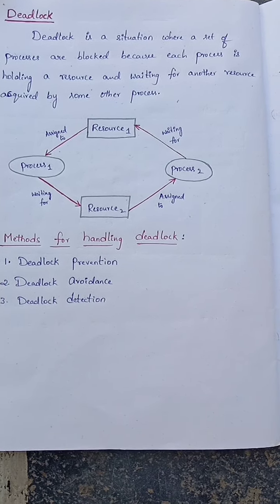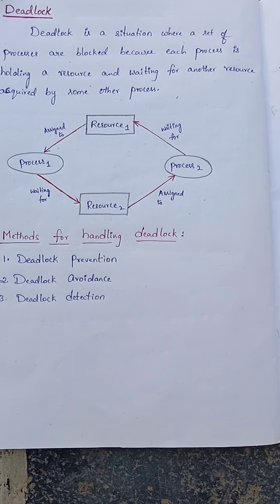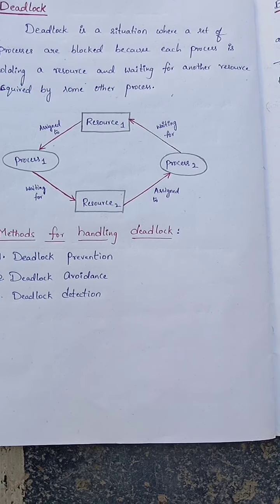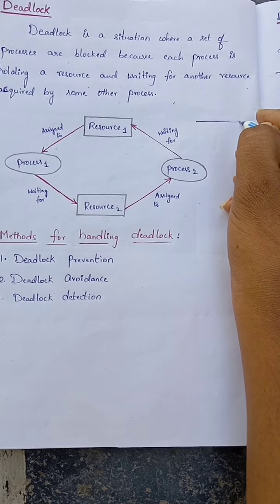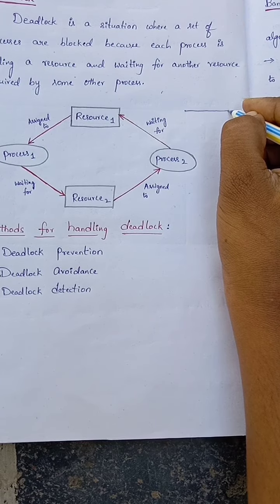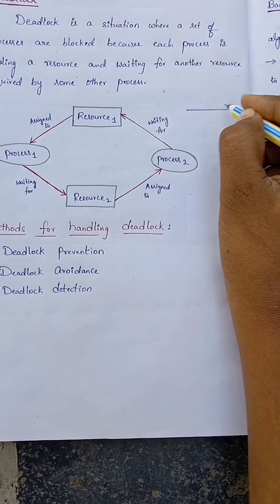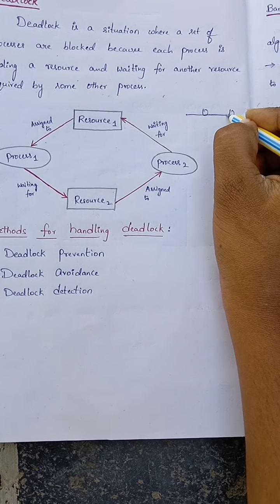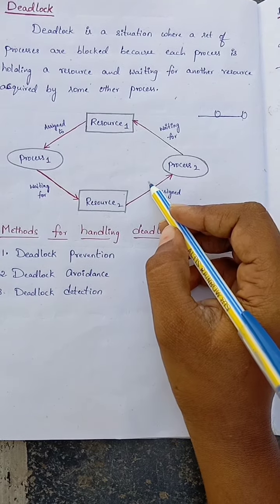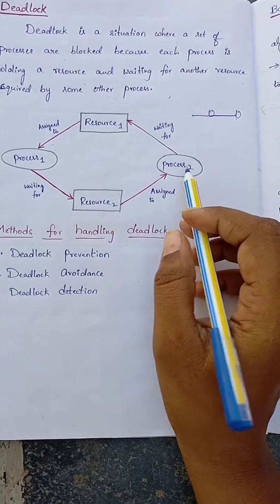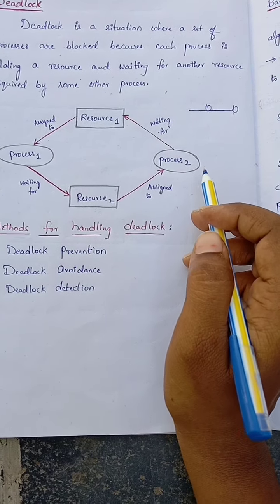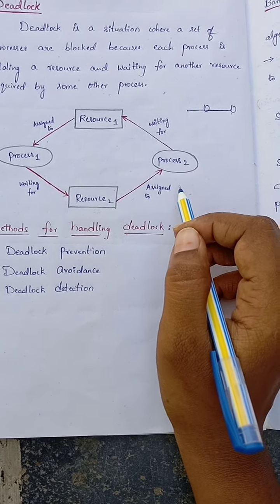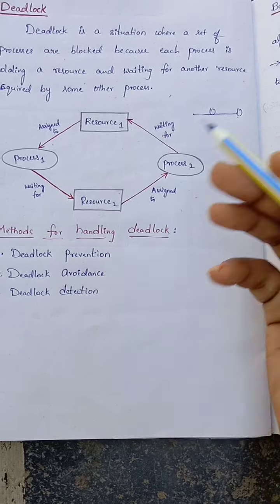When two trains are coming toward each other on the same track and there is only one track, none of the trains can move once they are in front of each other. A similar situation occurs in an operating system when two or more processes hold some resources and wait for resources held by other processes.